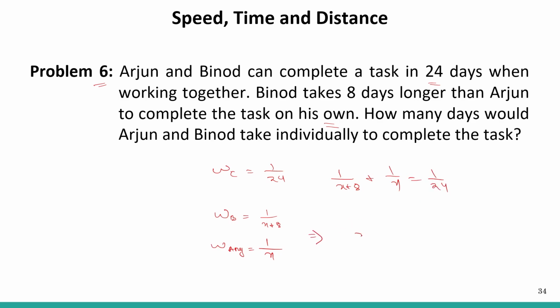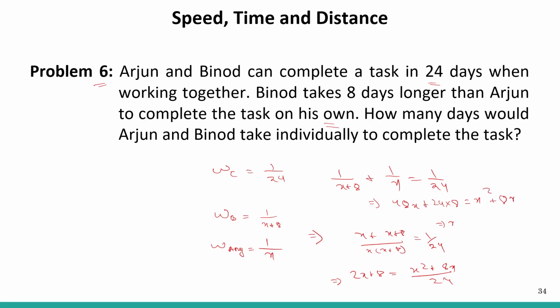So this implies that (x plus 8 plus x) whole by x into (x plus 8) is equal to 1 by 24. So this implies that 2x plus 8 is equal to (x square plus 8x) by 24. So we are left with 48x plus 24 into 8 is equal to x square plus 8x.